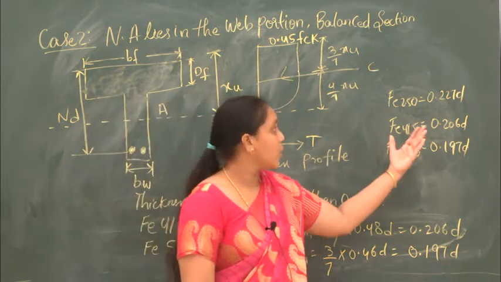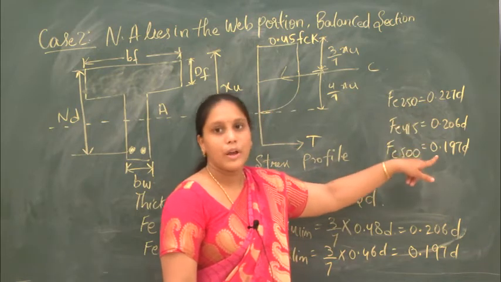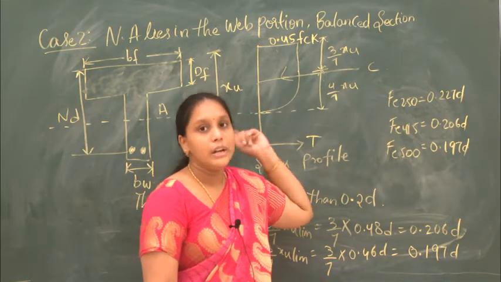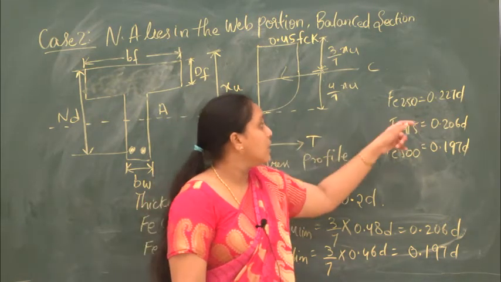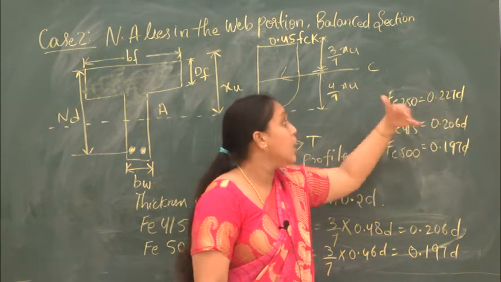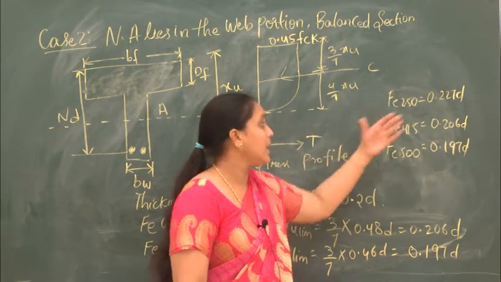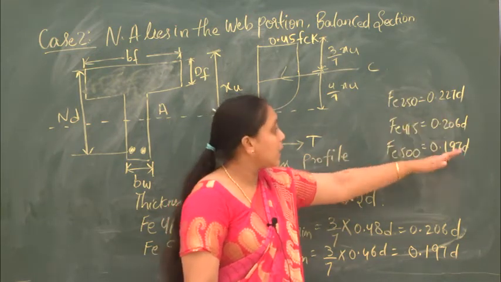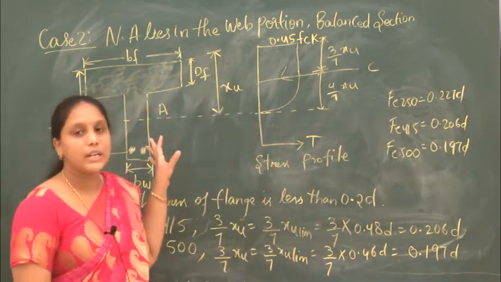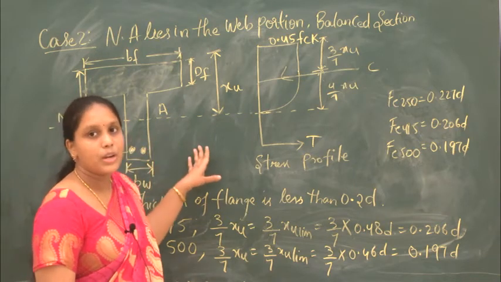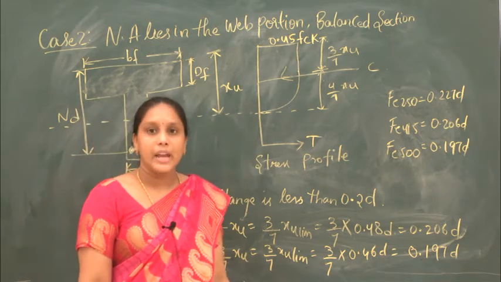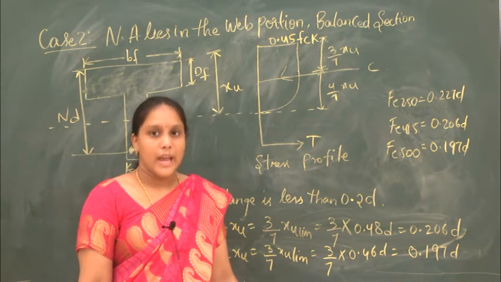Based on the values, for mild steel, the thickness of the flange df is greater than 0.227d, so that is one value we have greater than 0.2, and the other values we have equal and less than 0.2. So in the analysis of this flanged beam, considering the neutral axis is in the web portion and the balanced section, we have two cases which have to be analyzed.